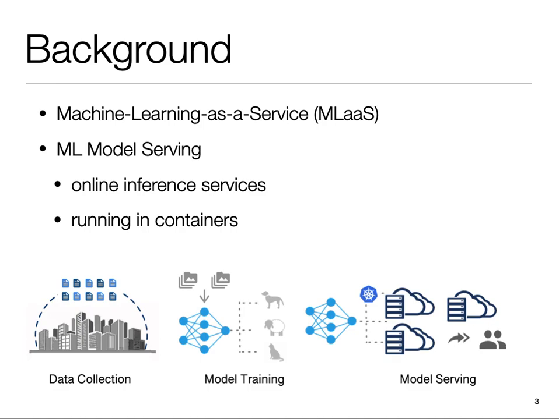Companies are increasingly deploying large machine learning as a service clouds for model training and inference. In a typical machine learning as a service workflow, deployers design and train machine learning models offline. The trained models are then published in the cloud to provide online services, typically running in containers.